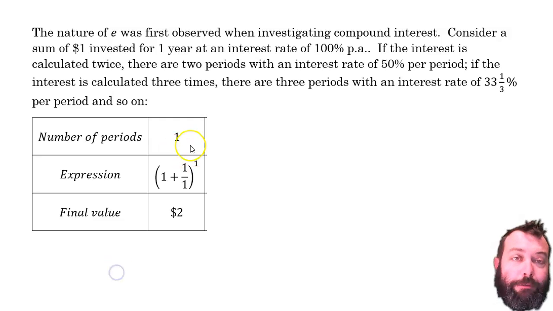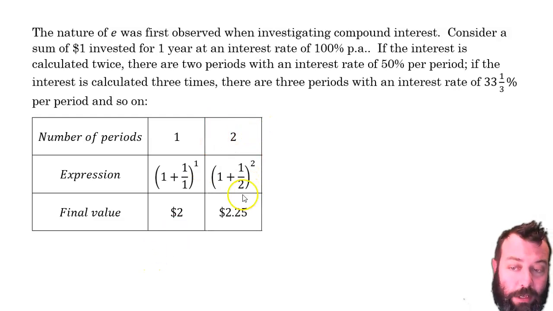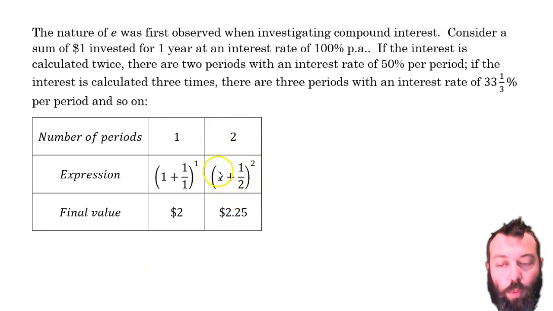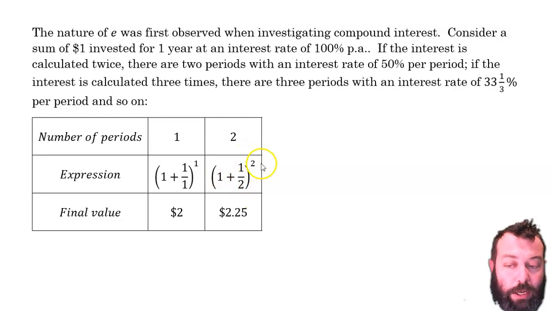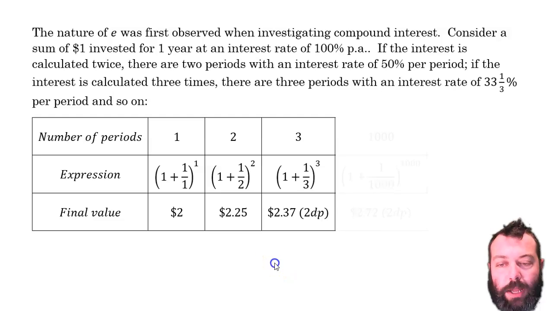So if that compounds once a year, I end up with $2. If it compounds twice a year, it's 1 plus a half all squared, gives me $2.25. A little bit more. 3 times a year, it's 1 plus a third to the power of 3. It's $2.37. You can see this climbing up.